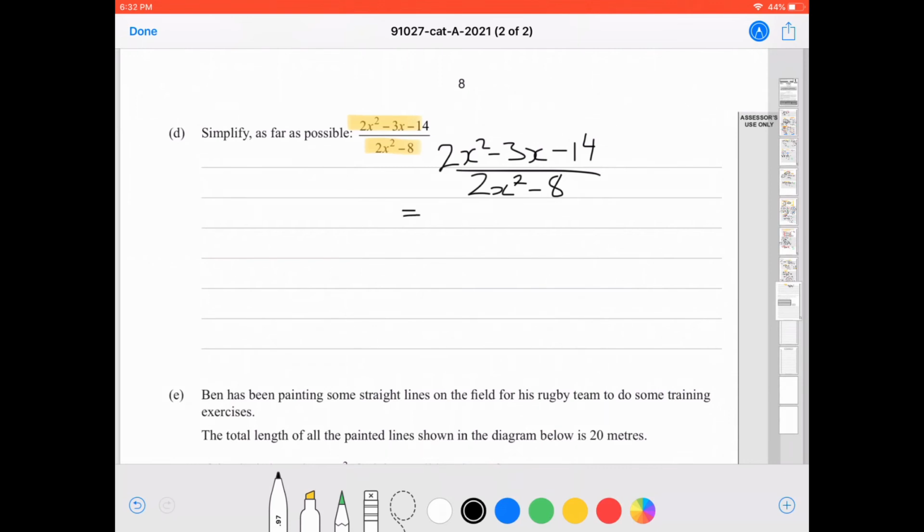Looking at the numerator, we multiply a by c, so 2 times negative 14 is negative 28.